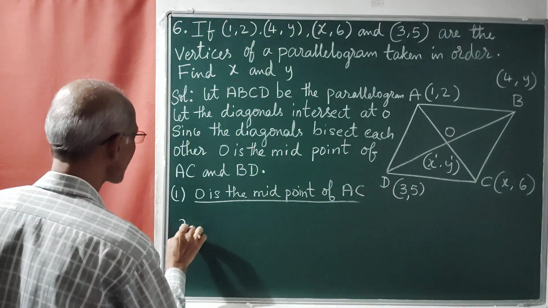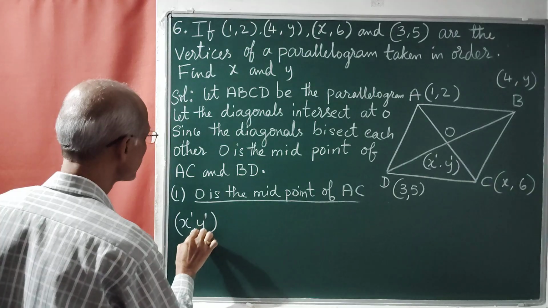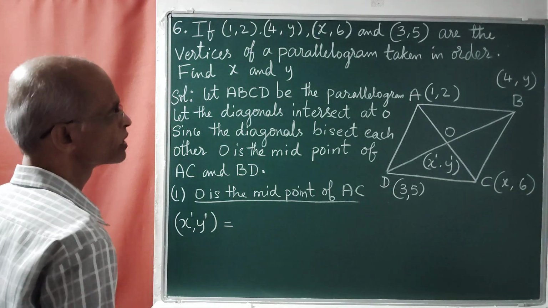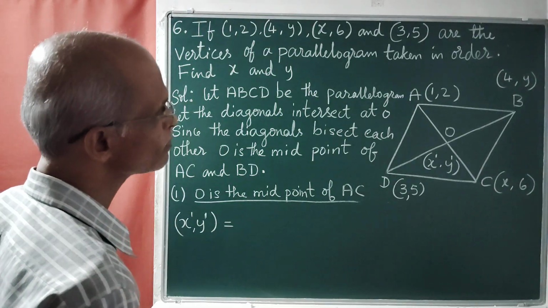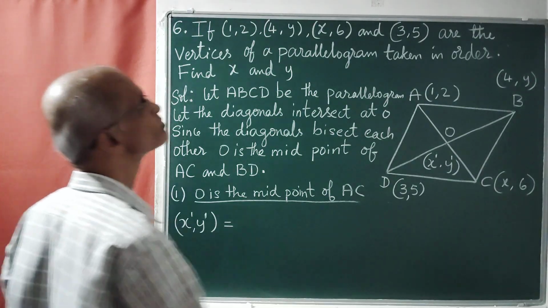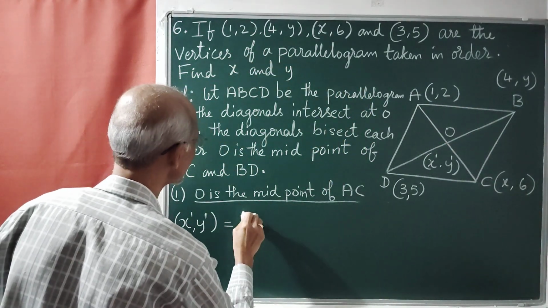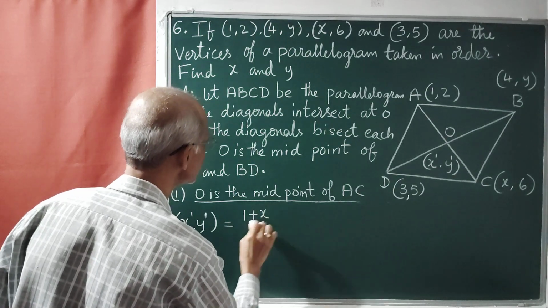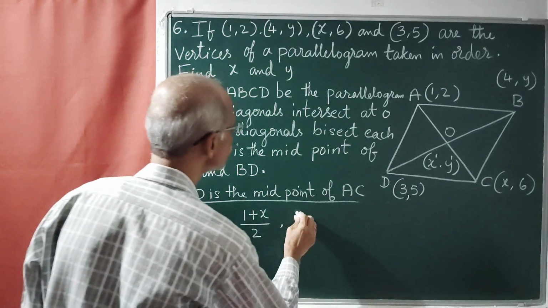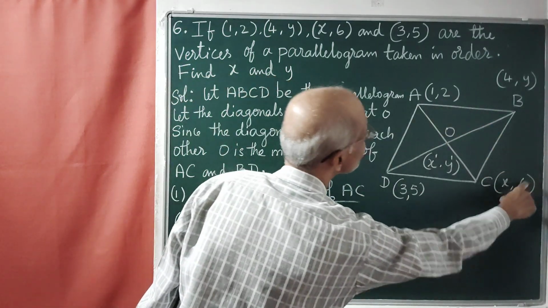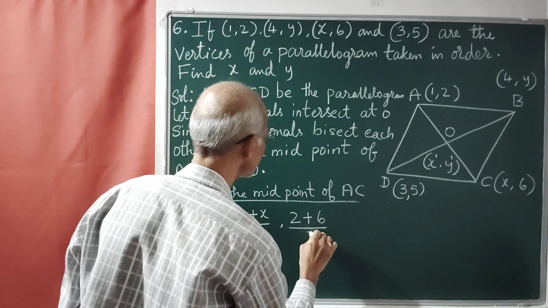So (x', y') will be equal to ((x1 plus x2) divided by 2, (y1 plus y2) divided by 2). So x1 plus x2, that is 1 plus x, divided by 2, comma, y1 plus y2, so 2 plus 6 divided by 2.